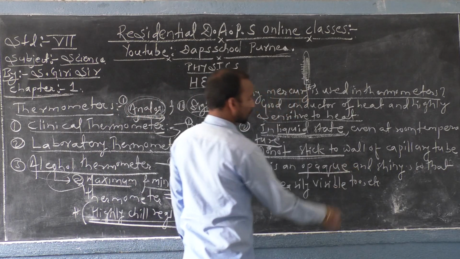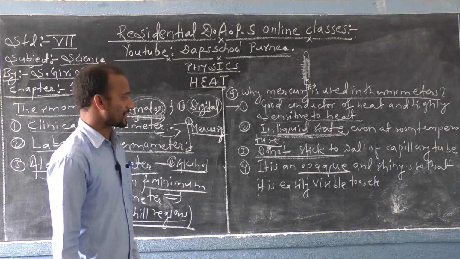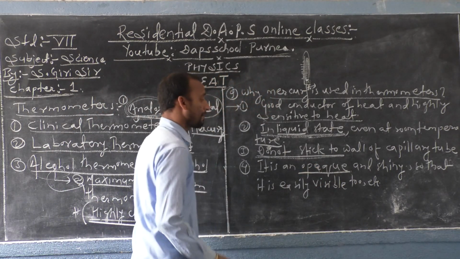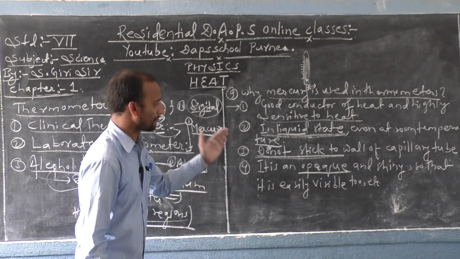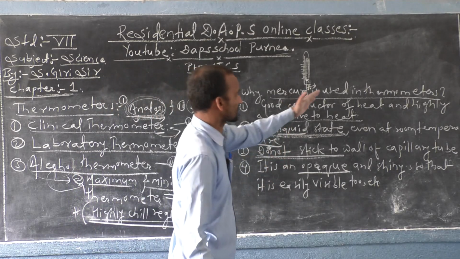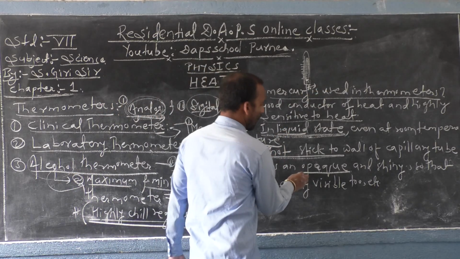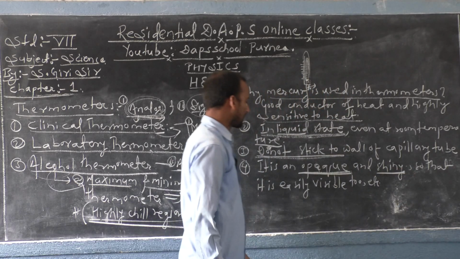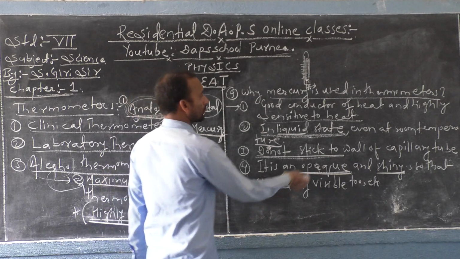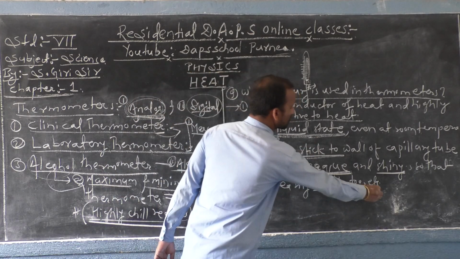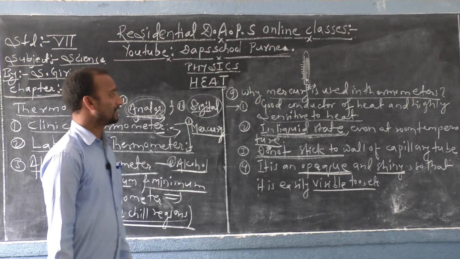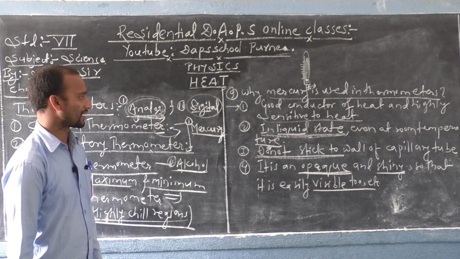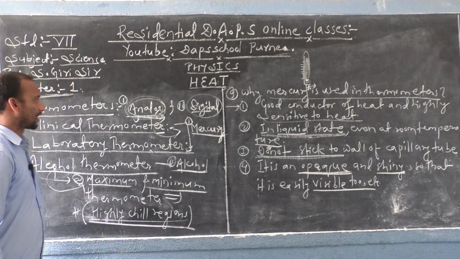Opaque means those materials which do not allow light to pass through them. So mercury present inside the thermometer is an opaque and very shiny material, so that we can easily view it from outside and get the proper reading within that thermometer. I think you should not have any problem up to here.